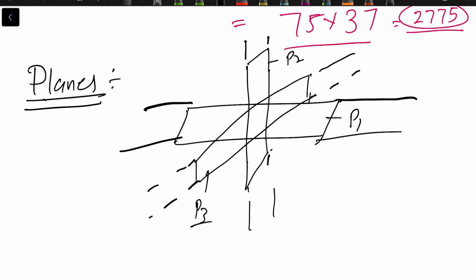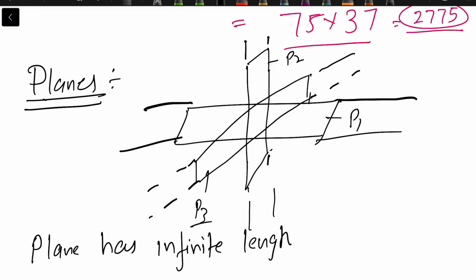Okay, so let's have a point about it. A plane has infinite length and breadth but has no thickness.